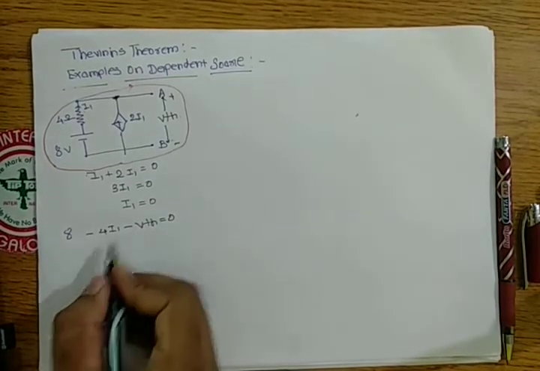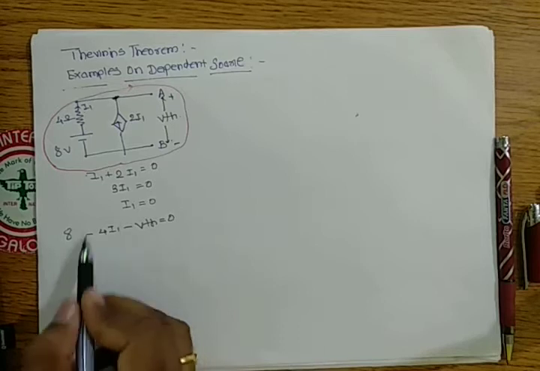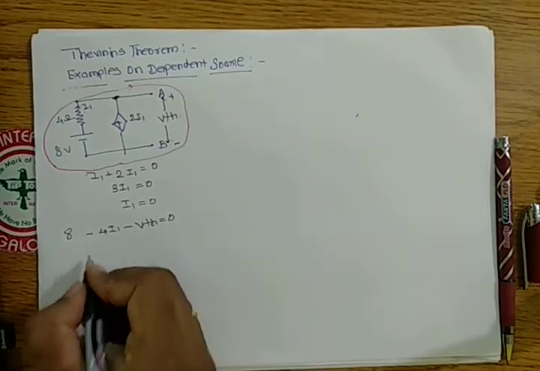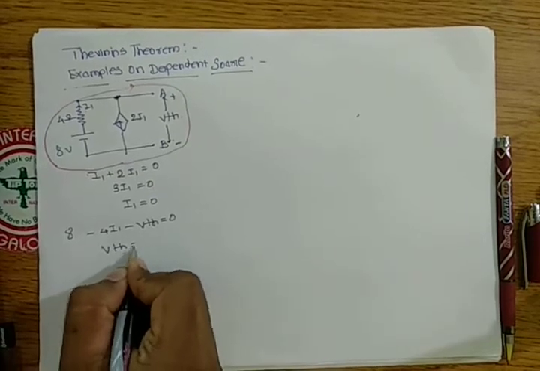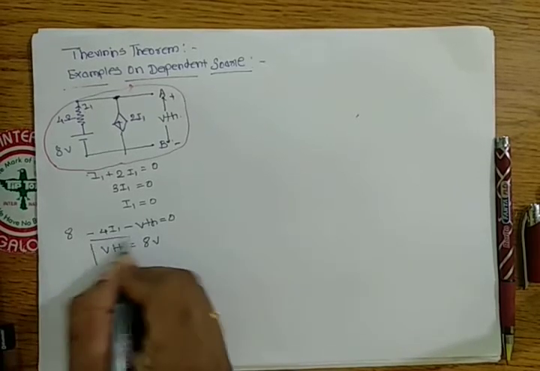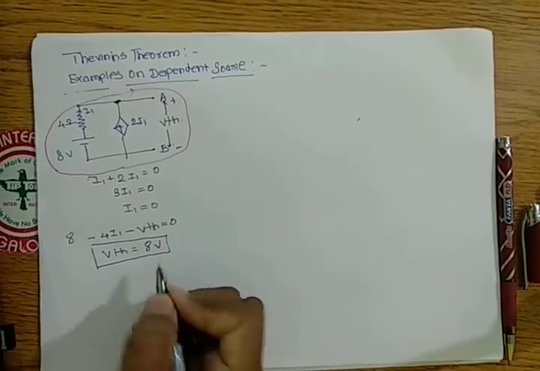We know that I1 is equal to 0, so the 4I1 term is 0. So 8 minus VTH, and VTH is equal to 8 volt. That is how you find VTH.